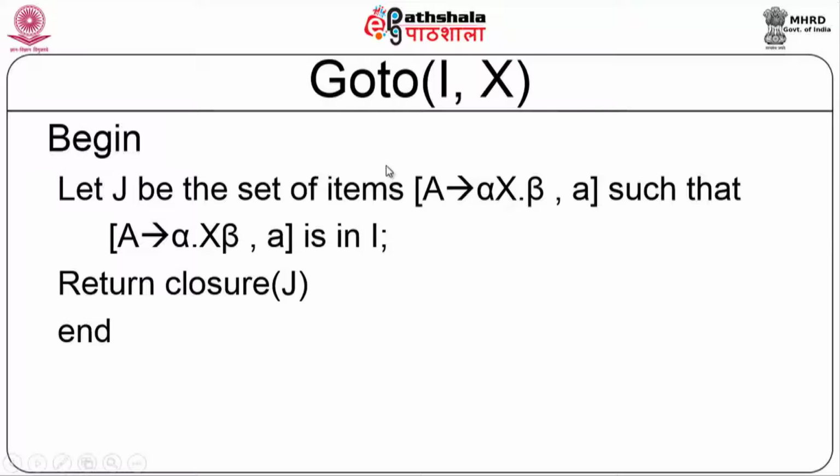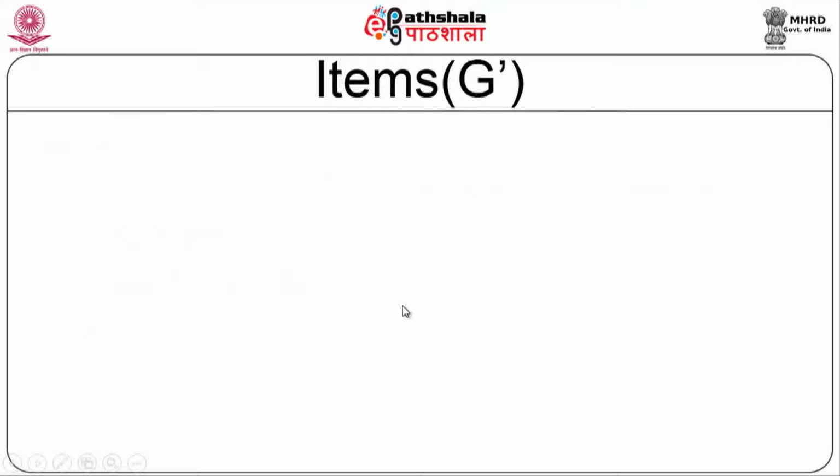So, again I have to look at beta a, and if this beta begins with a non-terminal, I have to return its closure. This is exactly similar, the only difference being that I have to add the extra component a to the item construction.